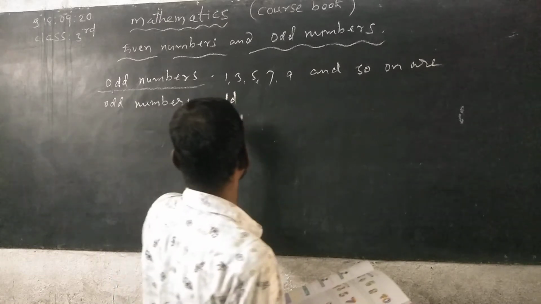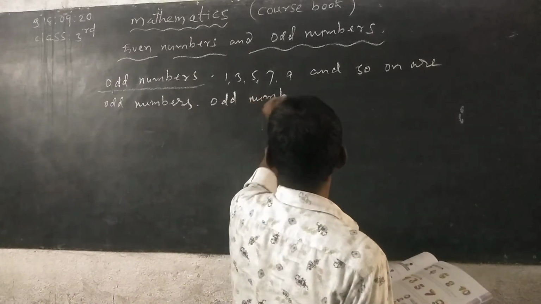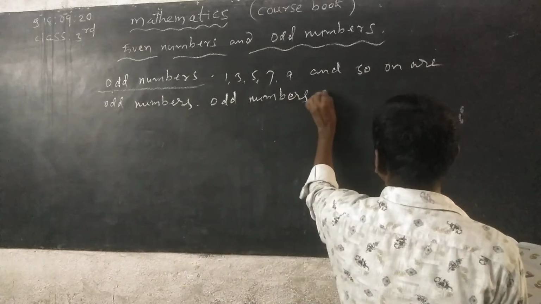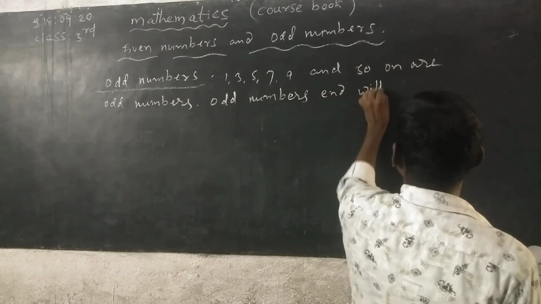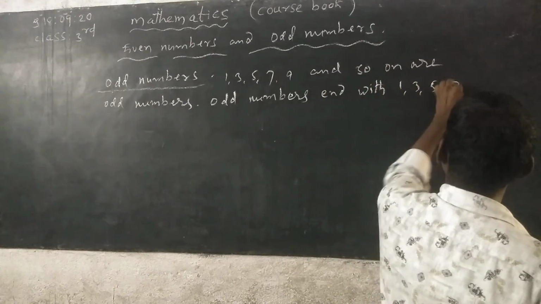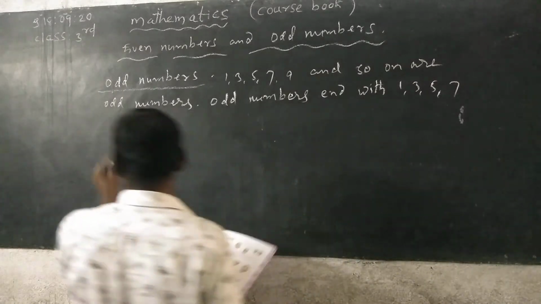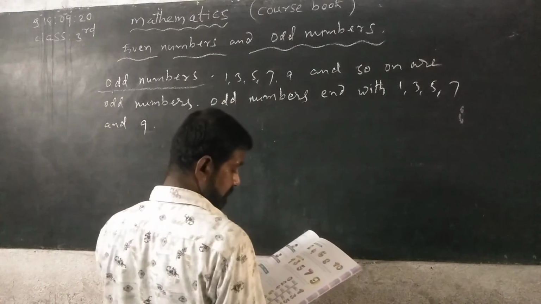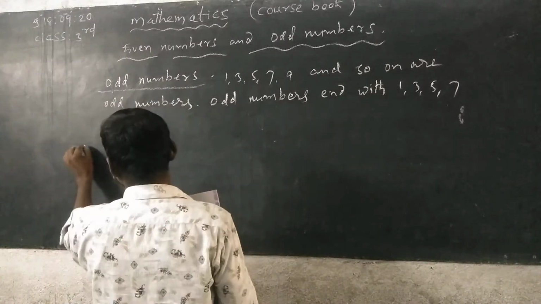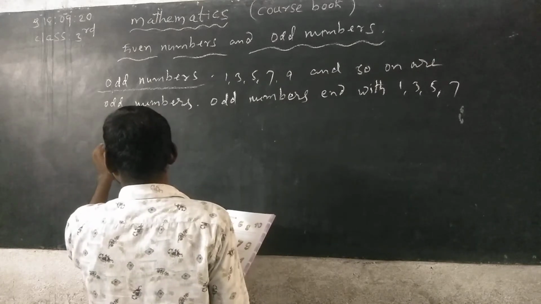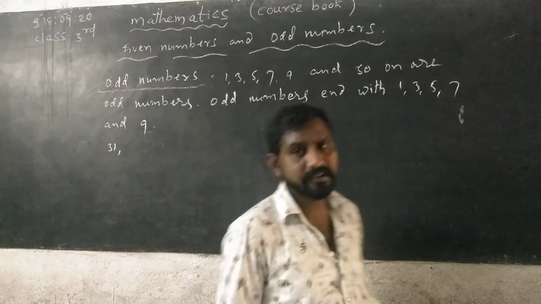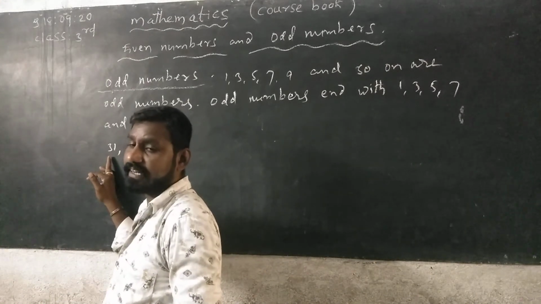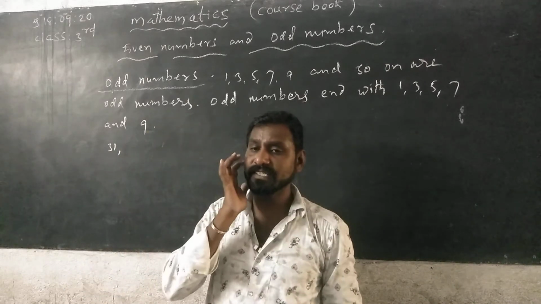Odd numbers end with 1, 3, 5, 7 and 9. See here, listen carefully. 31. Even or odd? Odd number. See, you can see it ends with 1. 1 is in one's place. So it is an odd number.